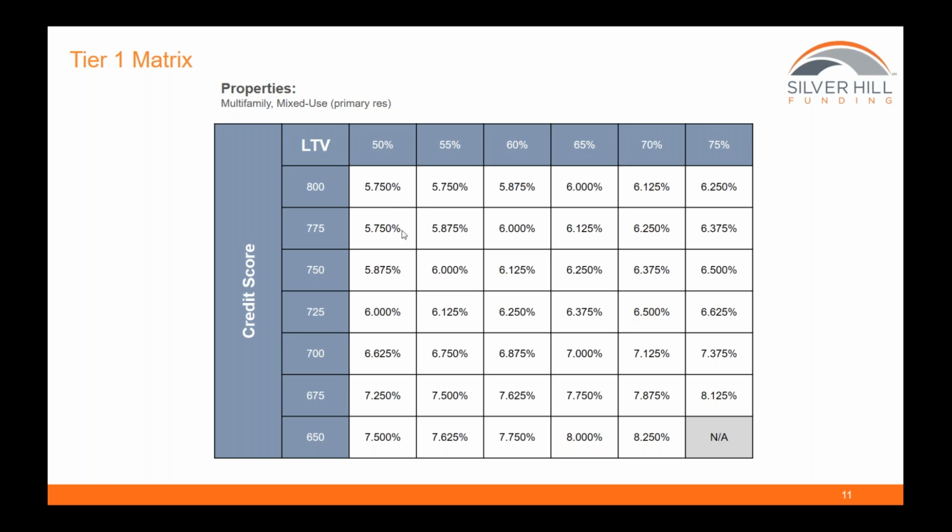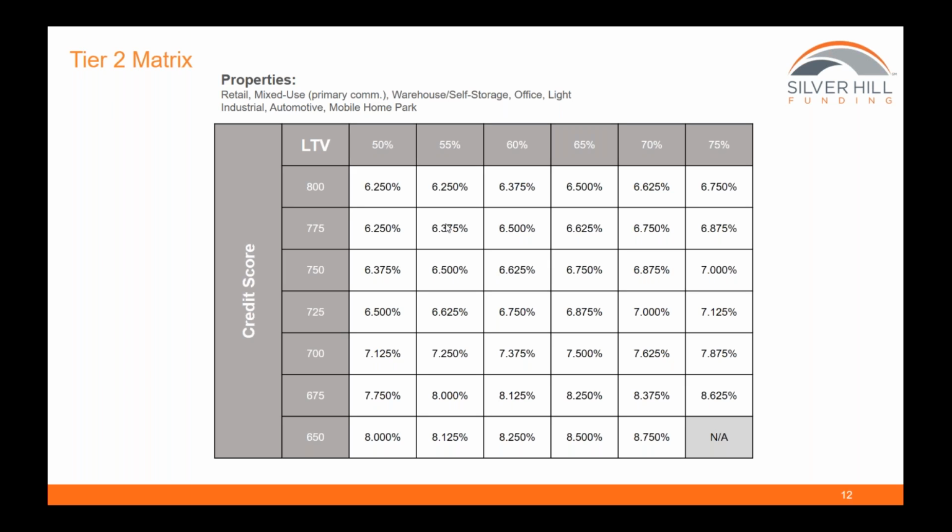And as I mentioned, we do a lot of loans at 50-55% LTV because folks either have a low payoff or don't have a mortgage at all. So this gives you an opportunity to see how our Tier 1 is priced. These are base rates, assuming a 5-year ARM, 30-year amortization.